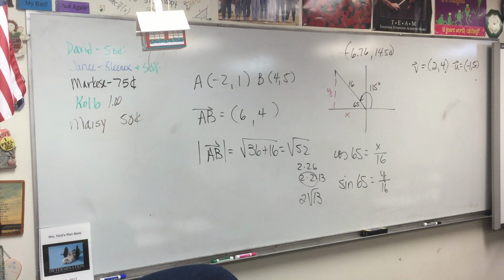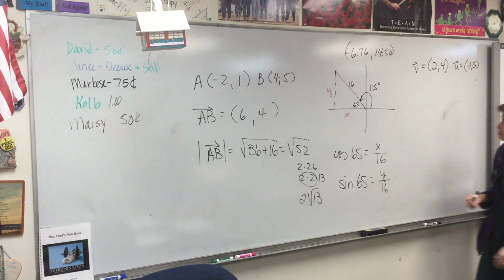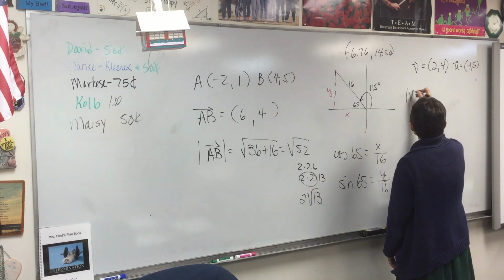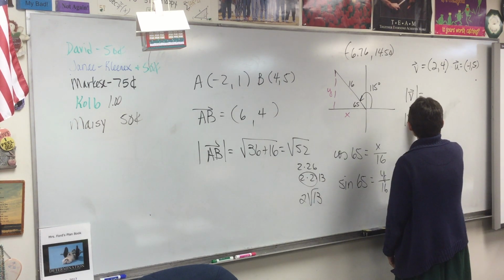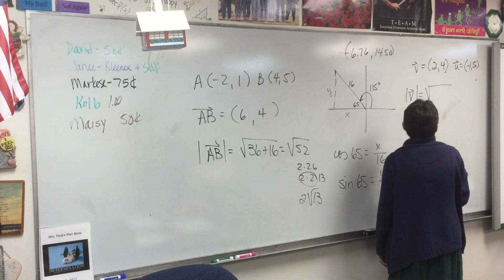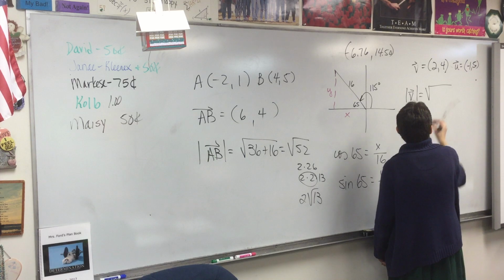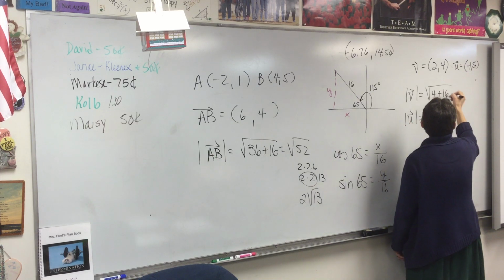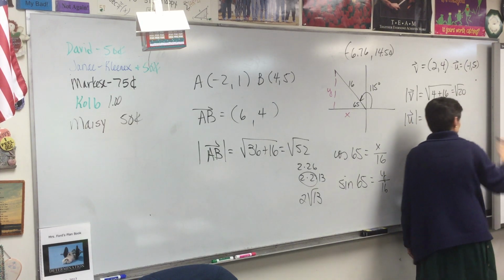All right? So who's got a thought? Who can remember anything? There are two things you have to do. Jake says, when in doubt, find magnitude. He's right. I need the magnitude of V and the magnitude of U. So the magnitude of V would be 4 plus 16, that's root 20.